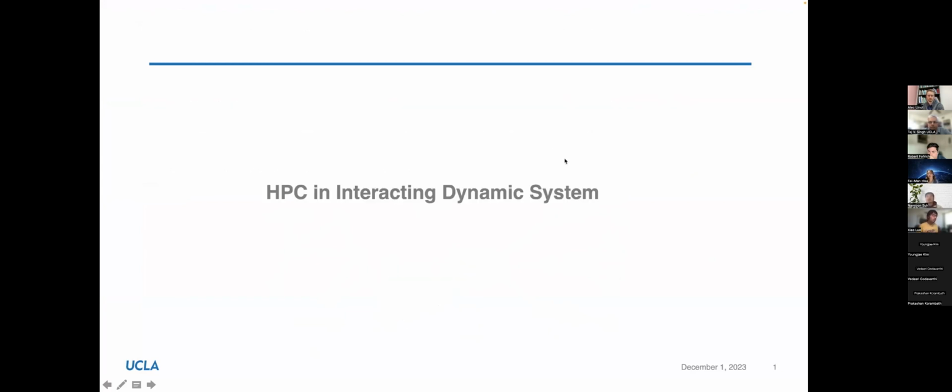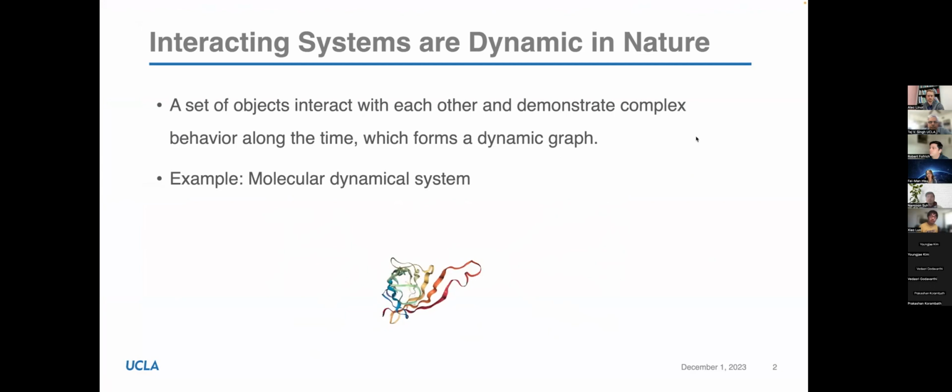Here I will talk about how to model interacting dynamic systems. In an interacting system we have a set of objects.